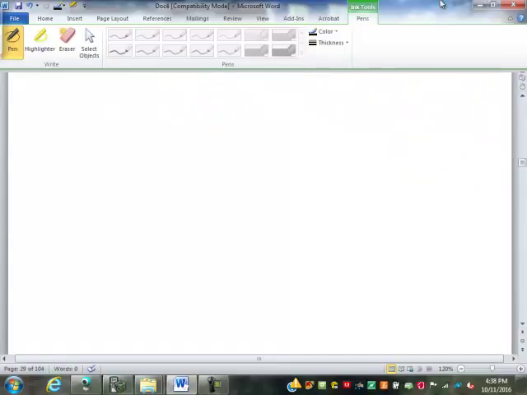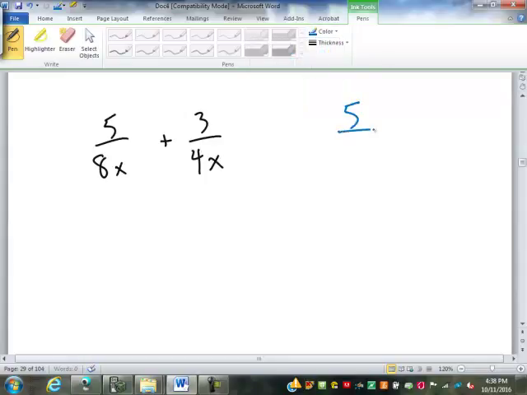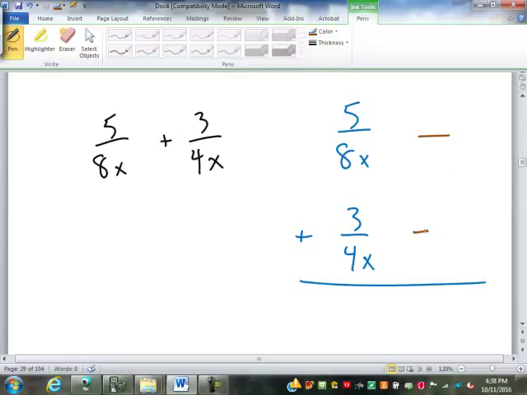Then you'll need to be able to add, subtract, multiply, and divide with our fractions. You might be asked to do something like this. 5 over 8x plus 3 over 4x. What's my common denominator going to be for the numbers? 8 and 4, common denominator would be 8.